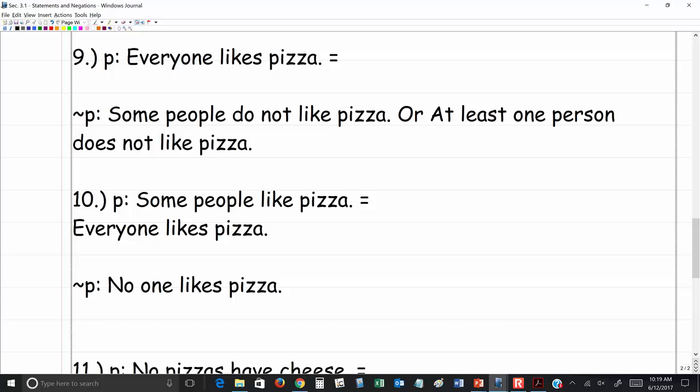In reality, we probably know that it's not, but it's possible that if you have the statement, everyone likes pizza, that could be true, and at the same time, the statement some people like pizza would also be true. So if we have the statement that's true, we have to get another one that's false, right? Yes. Just because one statement's true and the other one's false doesn't necessarily mean they're negations, but that does have to be the case in order for them to be negations of each other. They have to be mutually exclusive, like they could not ever be both true at the same time.